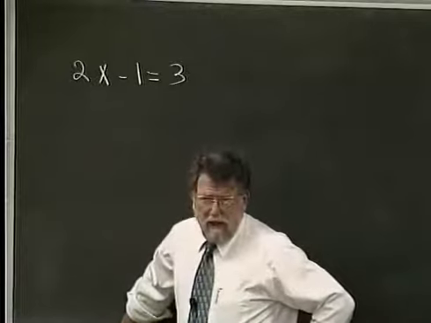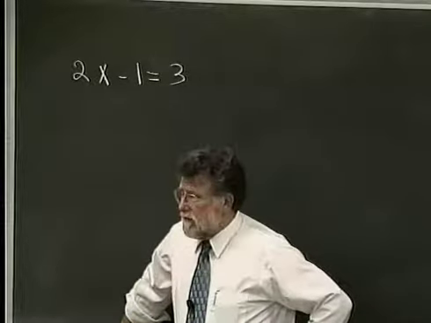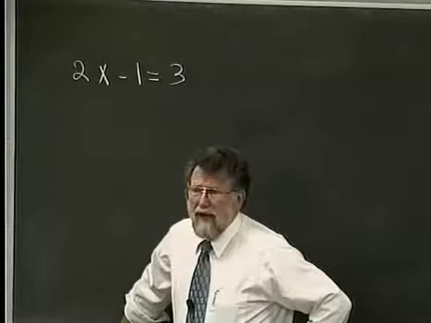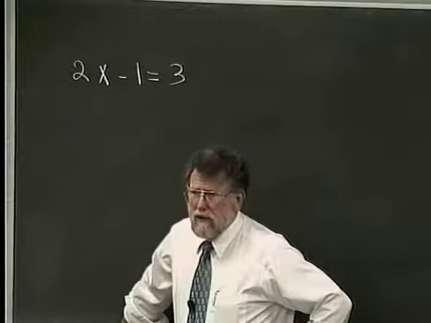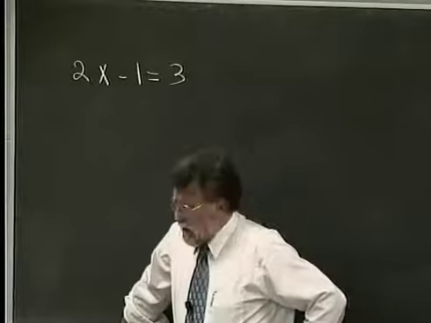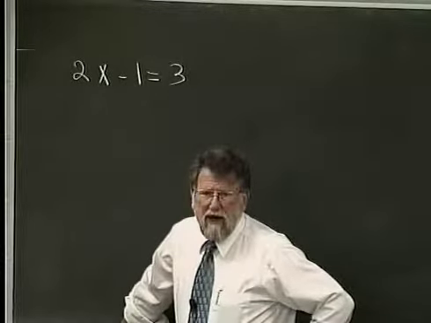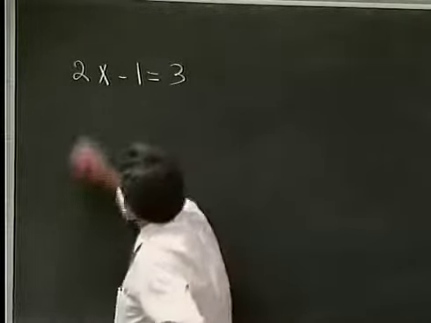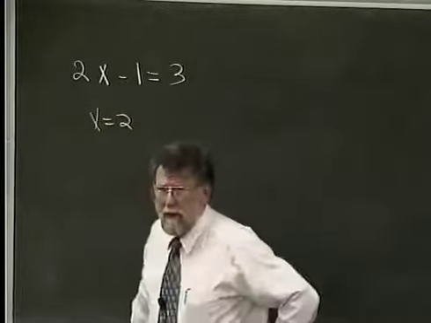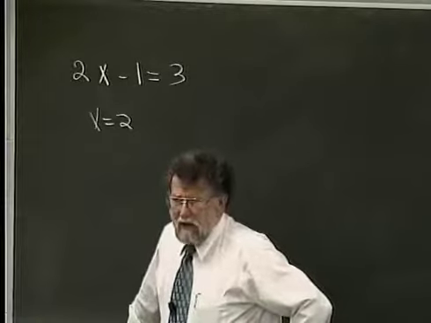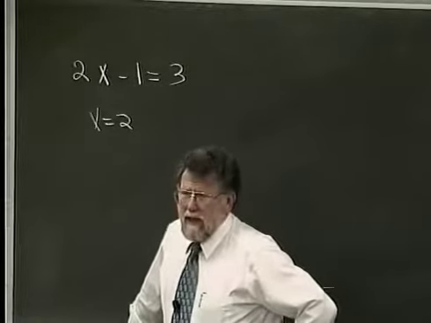And we said that we could just, by observation, note that if x has a value of 2, it makes that a true statement. And you did some problems in the homework where you verified that you had a solution. So we argue that x equals 2 is the solution to this problem. And it was understood that x was going to be a counting number.